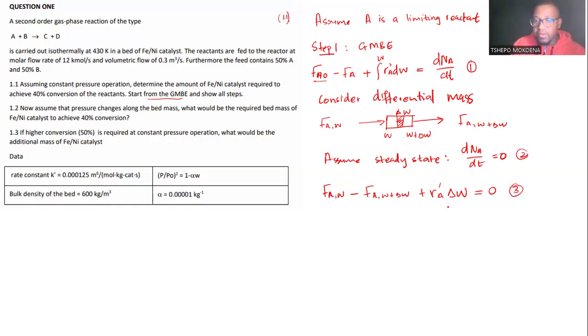Now what I'm going to do over here is I will try to separate these variables in such a way that I will be able to introduce the limit onto this equation.